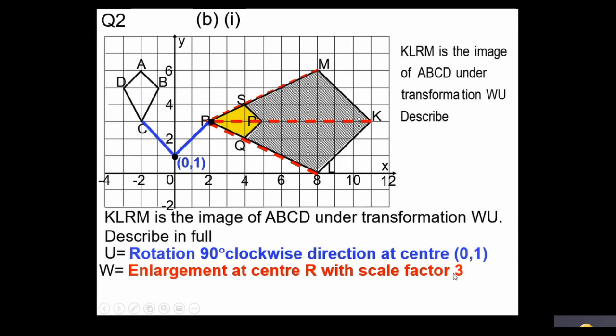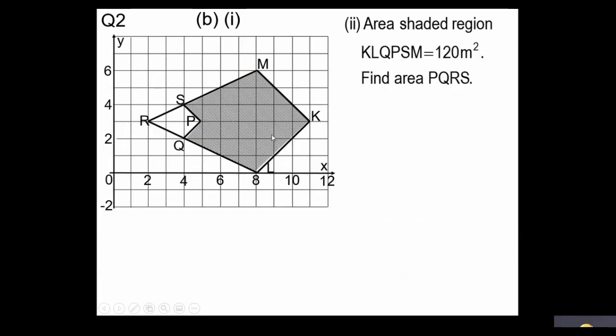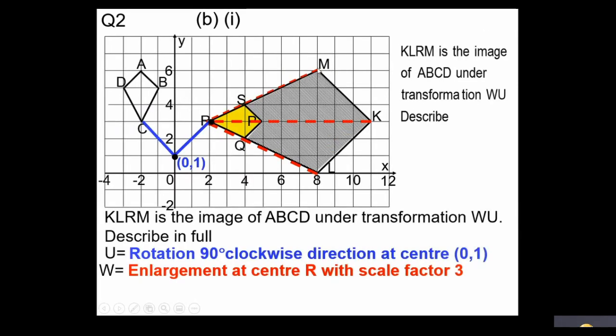So 3 divided by 1, you get 3. Even though this is slanted, it's okay. When you do the scale factor, you just estimate. You can test with another side. Here, 1, 2, 3, 4, 5, 6, and here only 2. So 6 divided by 2 is also 3.